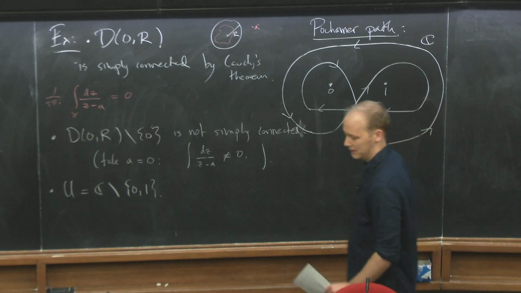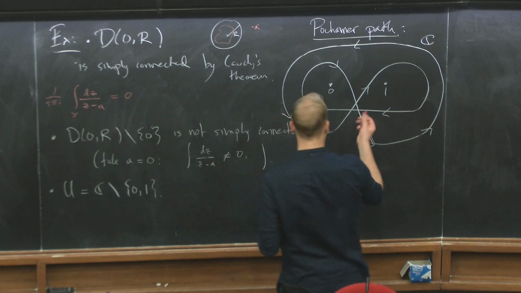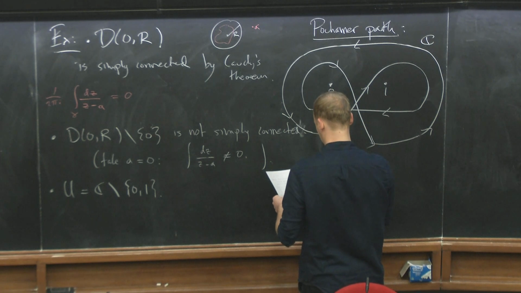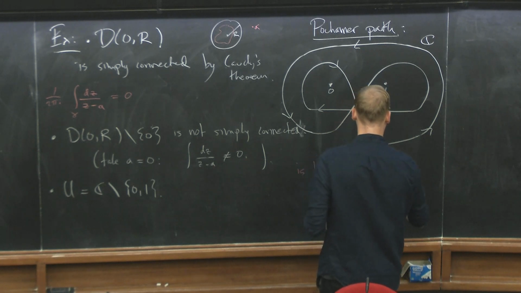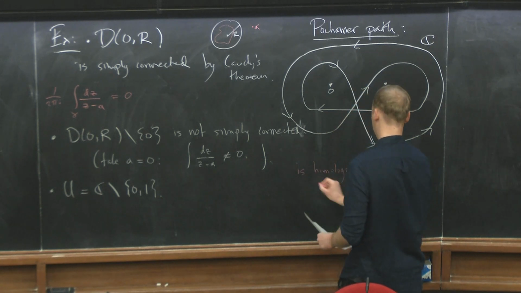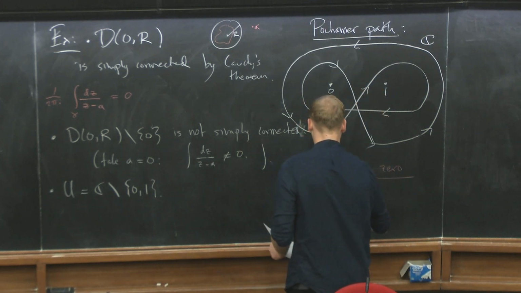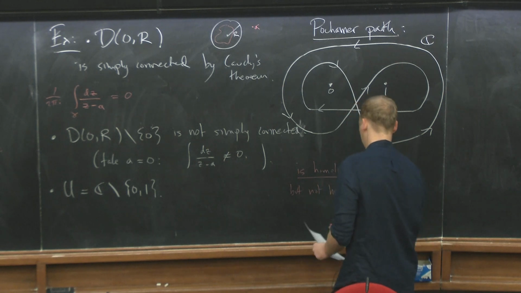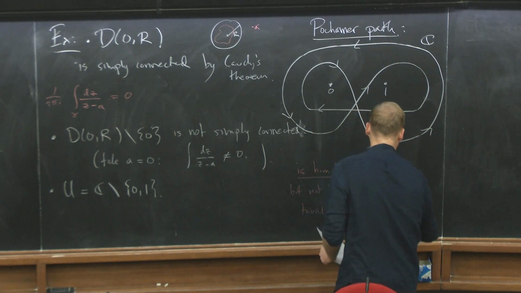And the claim here is that this path is homologous to 0, but not homotopic to the trivial path.